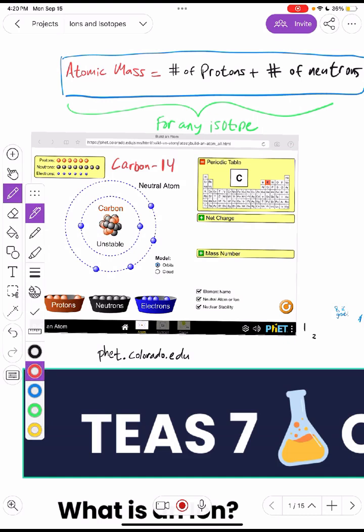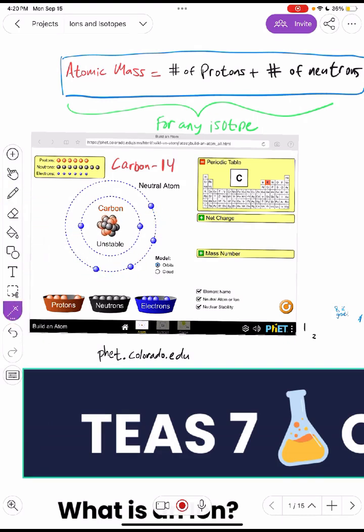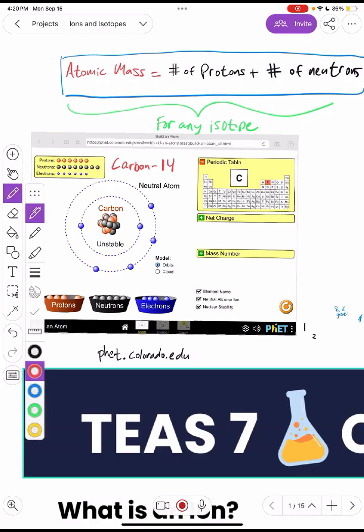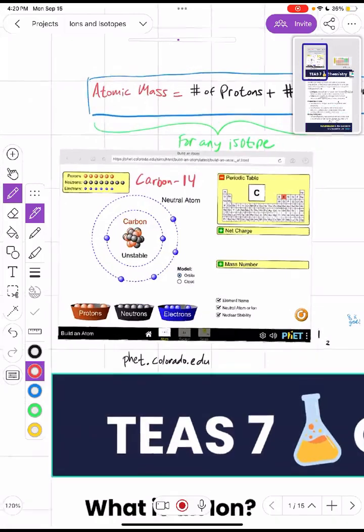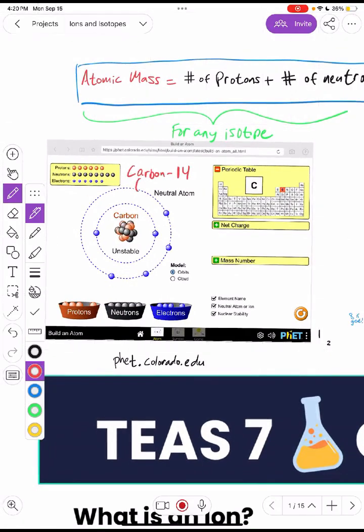It's still going to have a similar chemical reactivity, it's got 6 electrons, but the nucleus isn't stable, okay? Unstable nucleus is going to be a cause for radioactivity. It's radioactive. But carbon-12 is not. Carbon-12 is the most common isotope of carbon. Carbon-14 is really rare because it's unstable. It doesn't stay like this for a long time, okay?